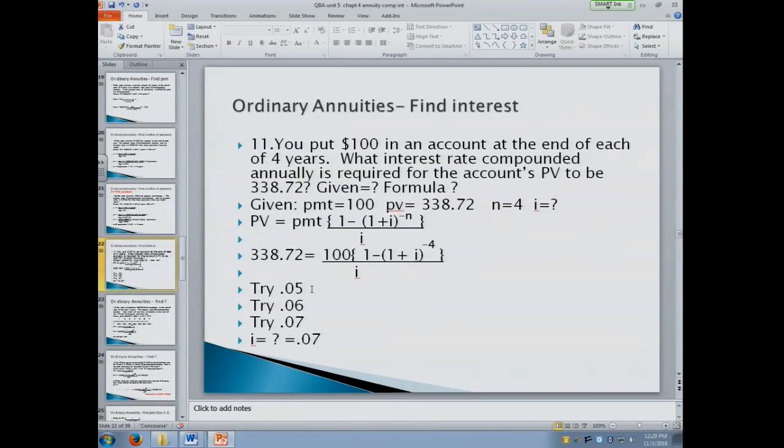When that doesn't work, you're a little bit off, go up to 6% and throw it into the formula, try to get $338.72, and then 7%. If I give you a test on this, I will make it easy. I am not going to give you an interest rate of like 5.23%. You will start at 5% and go up or down and quickly get the answer.